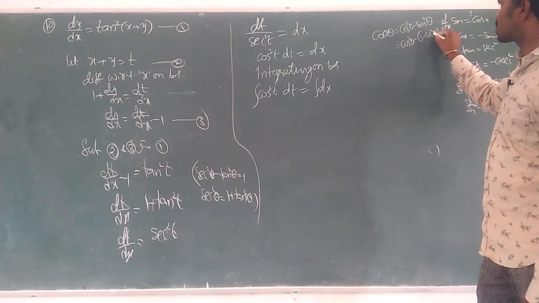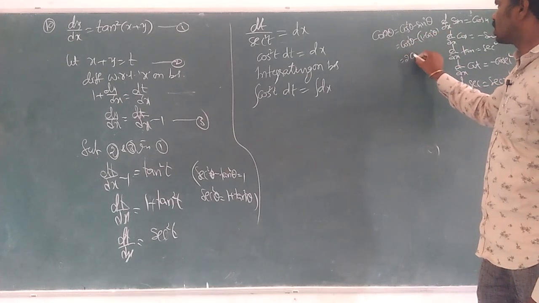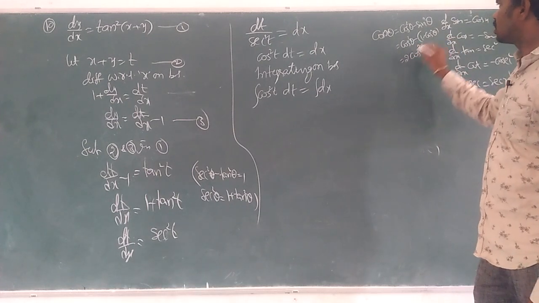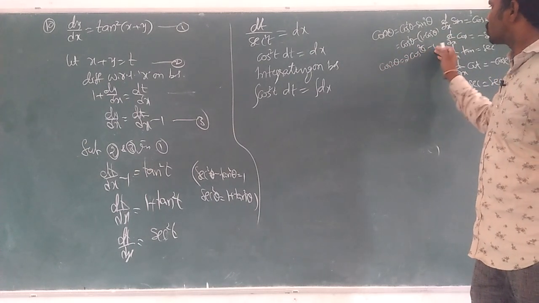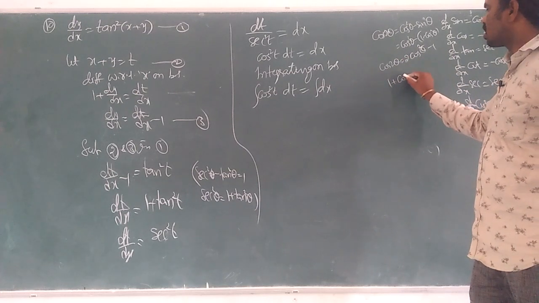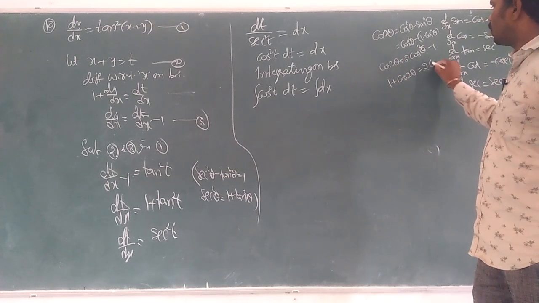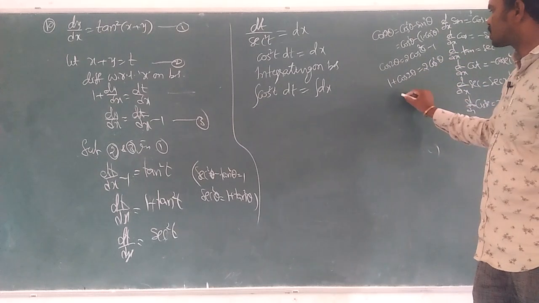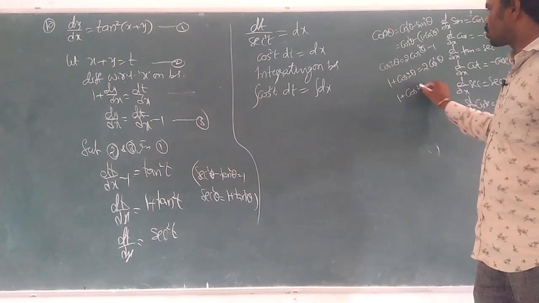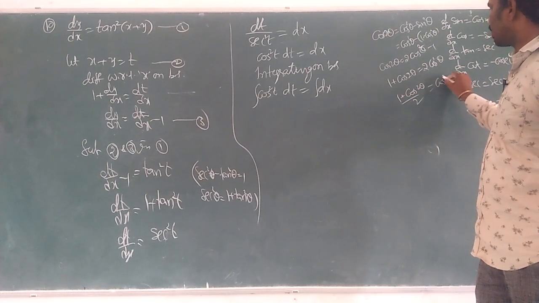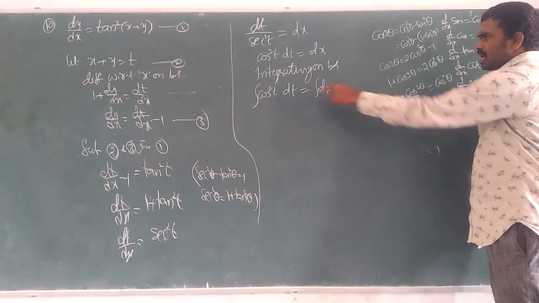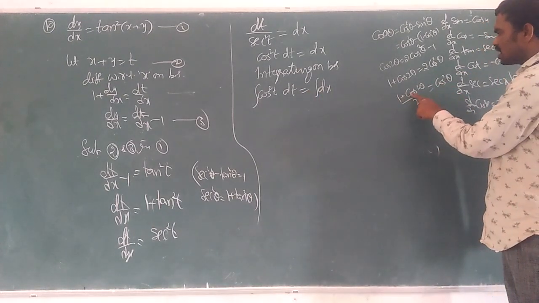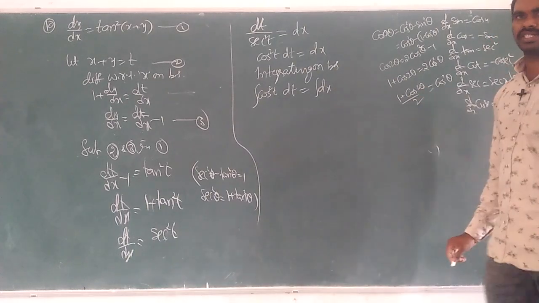So minus into minus gives plus cos², plus cos², 2cos²θ - 1 = cos 2θ. So bringing -1 to the left side, 1 + cos 2θ = 2cos²θ. Bring 2 to the left side: (1 + cos 2θ)/2 = cos²θ. So cos² t can be written as (1 + cos 2t)/2.